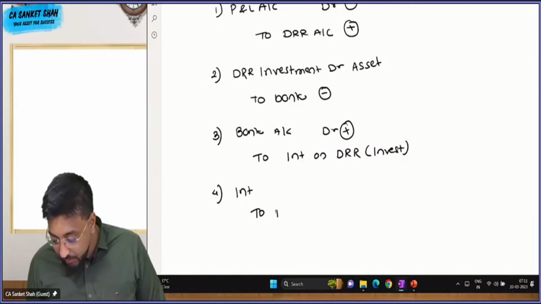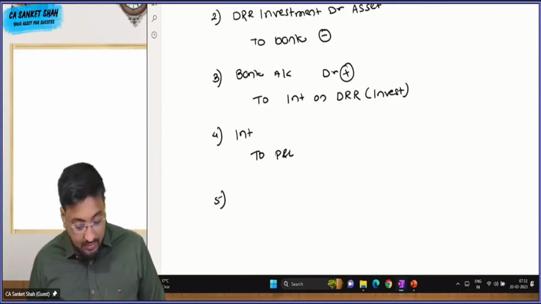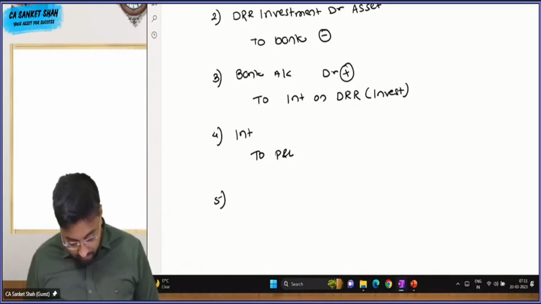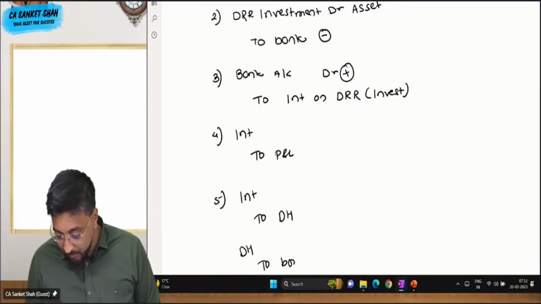Interest account debit to P&L, compulsory, not transferred to DRR. Last time someone asked me. And then last entry will be beta, interest account debit to debenture holders and debenture holders account debit to bank.